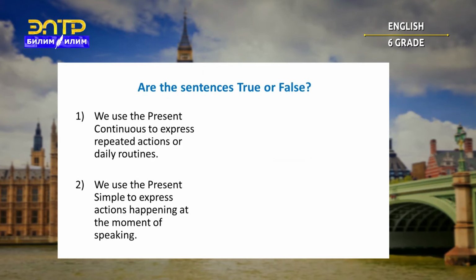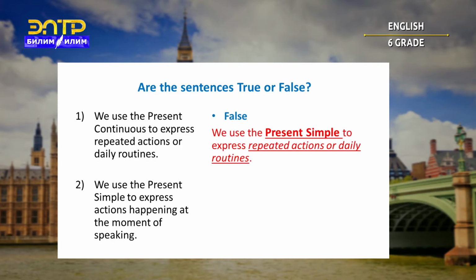Look at these sentences and decide if they are true or false. Number 1. We use the present continuous to express repeated actions or daily routines. This is a false sentence. We use the present simple to express repeated actions or daily routines.